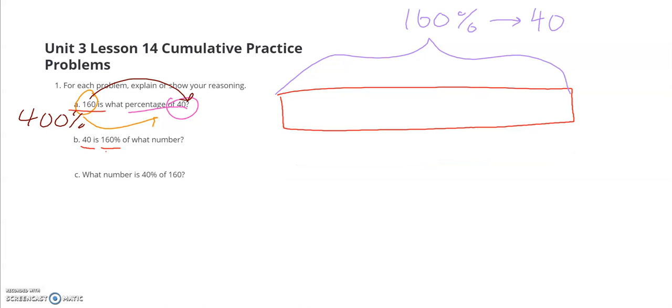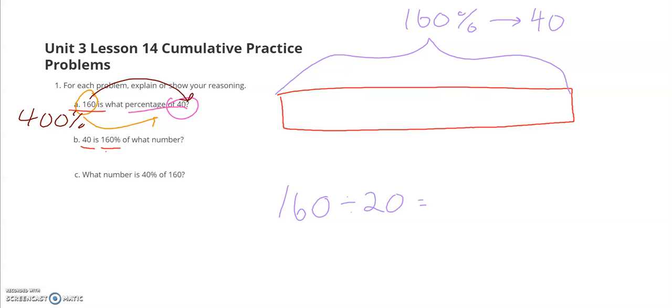And I'm going to break it up. I know that 20 goes into 160. So I can break it up into 20% pieces. 160 divided by 20.